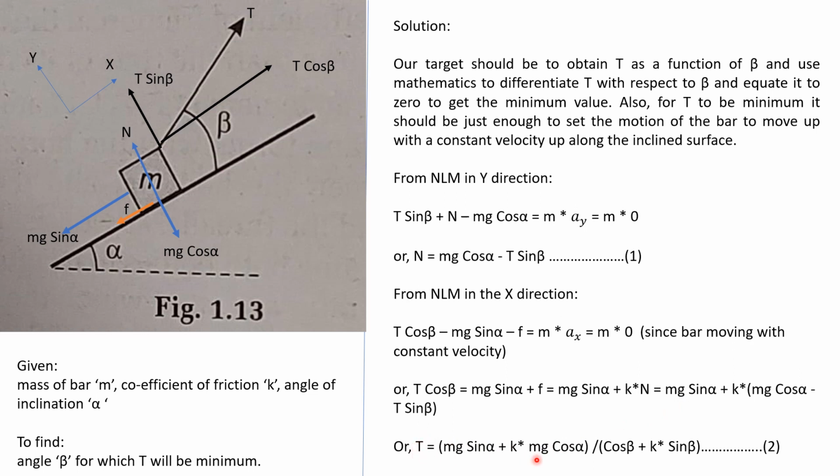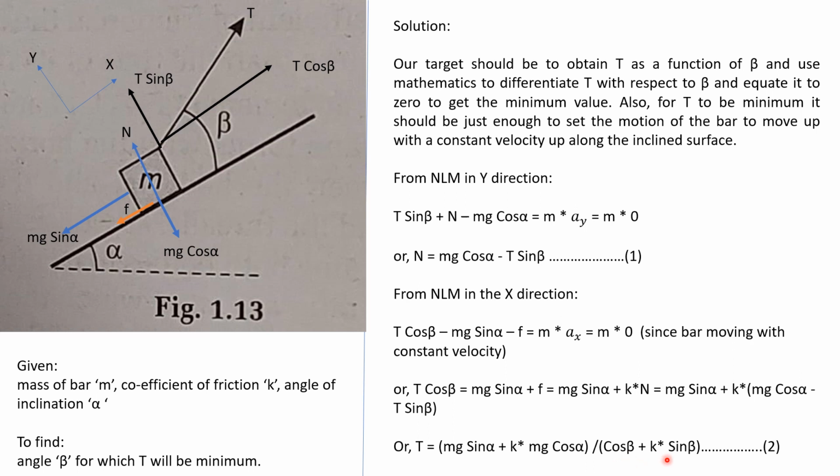Now if you see, the only thing in equation number 2 that we have to determine to make T minimum is beta. Only beta is the variable and it is in the denominator of this equation.